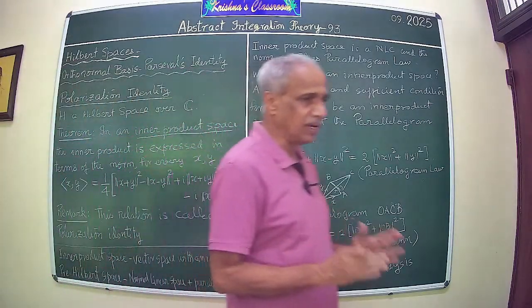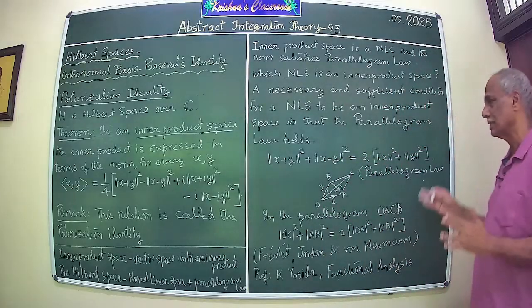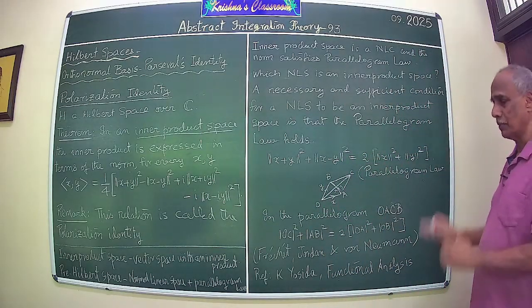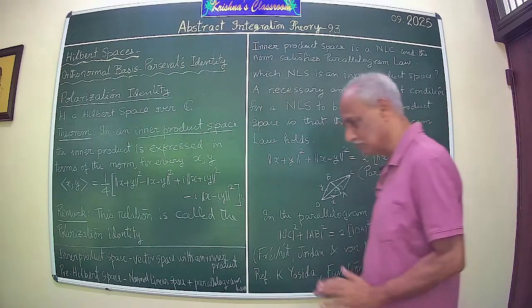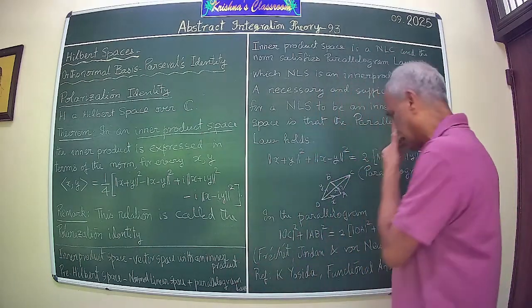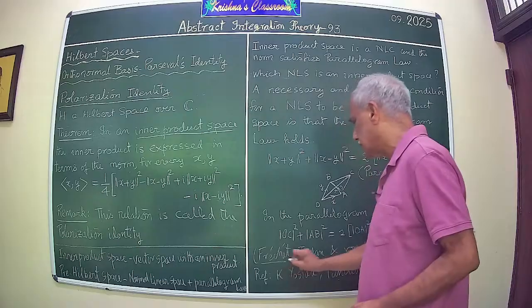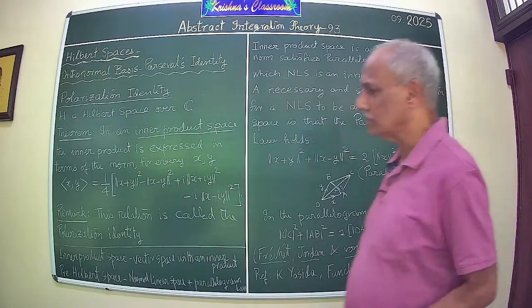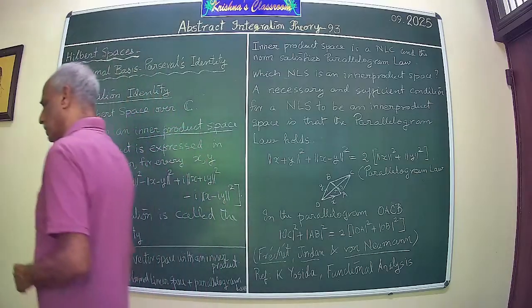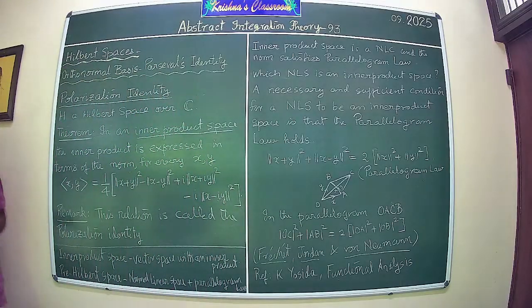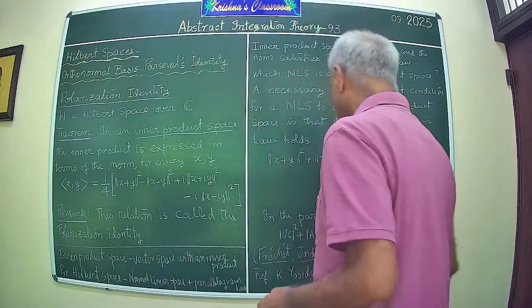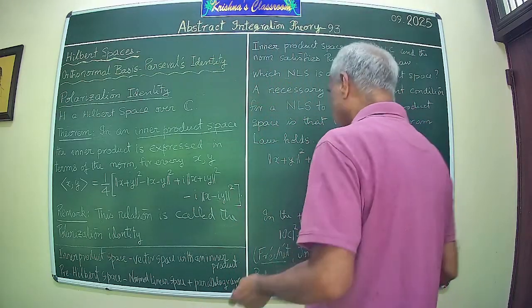So the question that you ask is: is this norm derived from an inner product? The answer to this is yes. Therefore, you have a nice characterization theorem, and you can see that these very important mathematicians of high repute have put their effort into it. It's a beautiful result. It's a very nice structural result on inner product spaces.